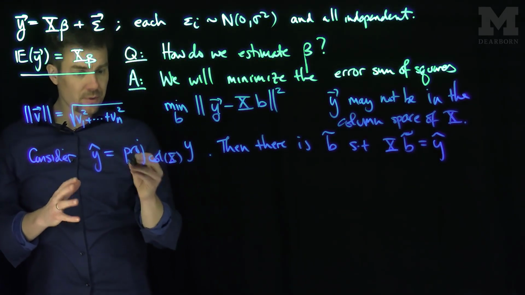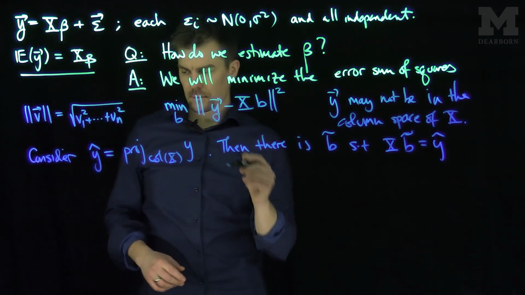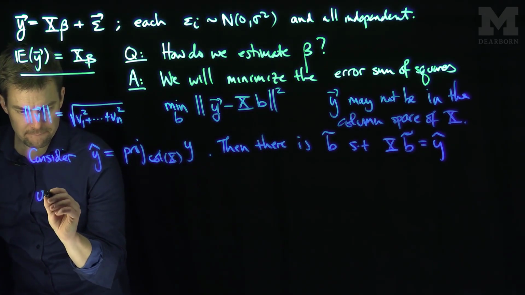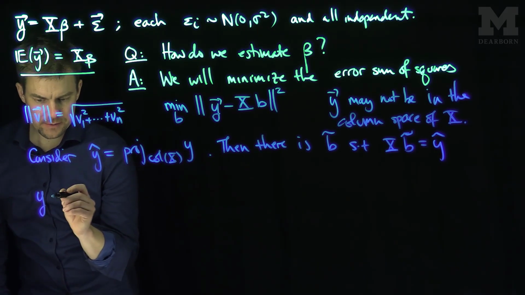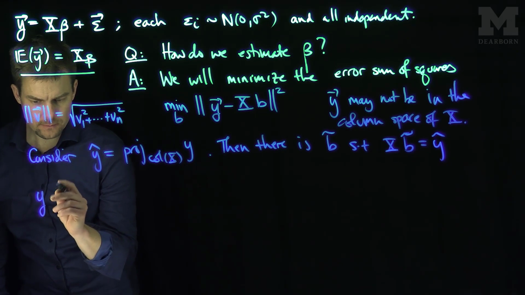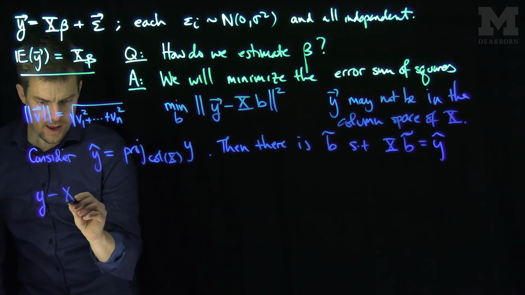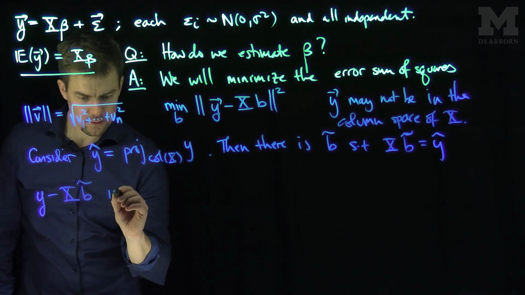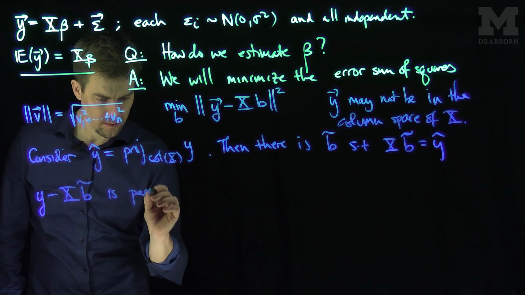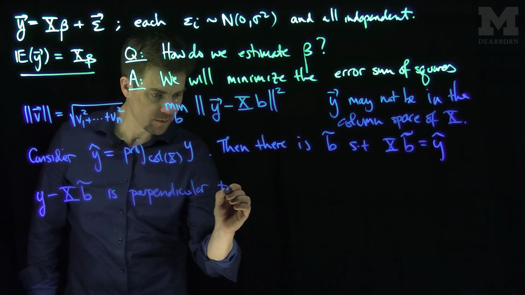Well, we know by properties of the orthogonal projection that y minus X b tilde is perpendicular to the column space of X.